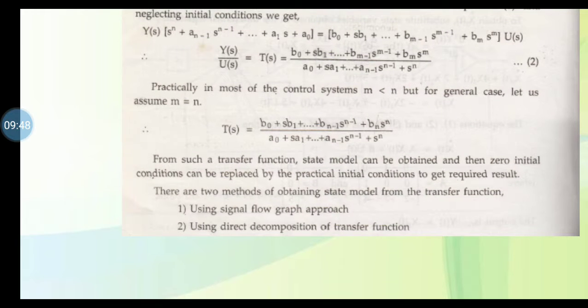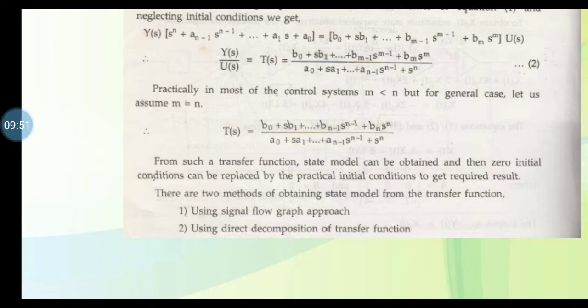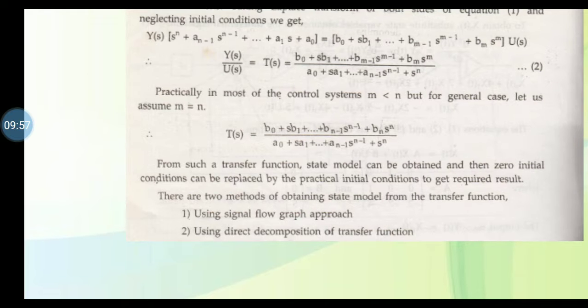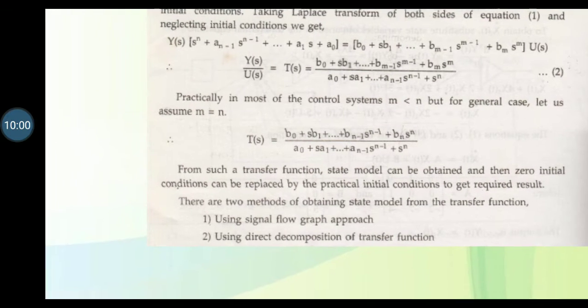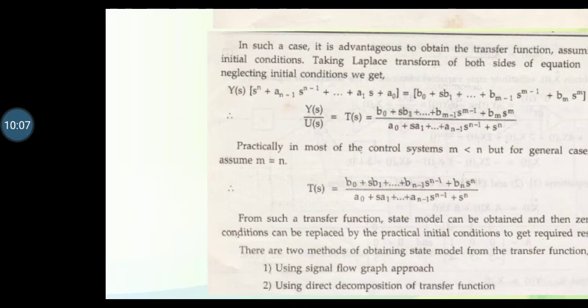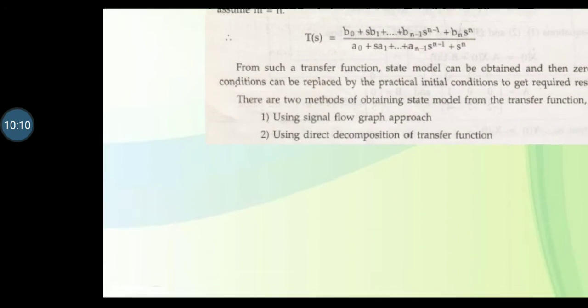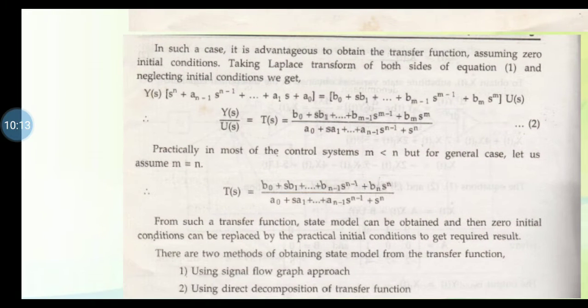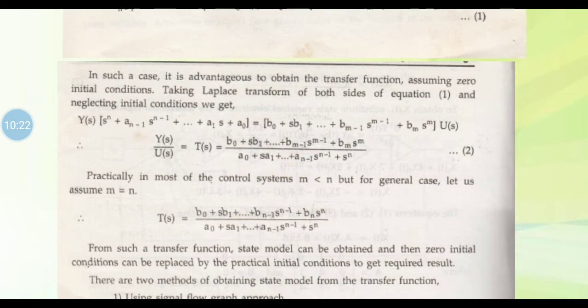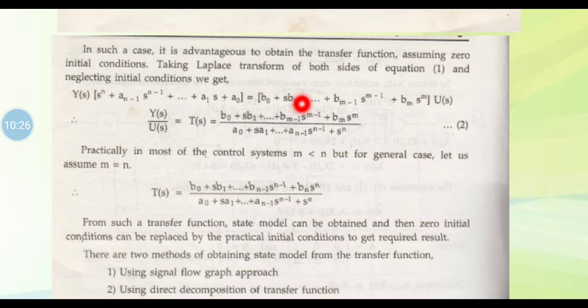So taking Laplace transform of both sides of equation 1 and neglecting initial condition, what we get is y of s into bracket s raised to n plus a n minus 1 s raised to n minus 1 plus a1s plus a naught equal to b naught plus sb1 plus so on bm minus 1 s raised to m minus 1 plus bm s raised to m, u of s.